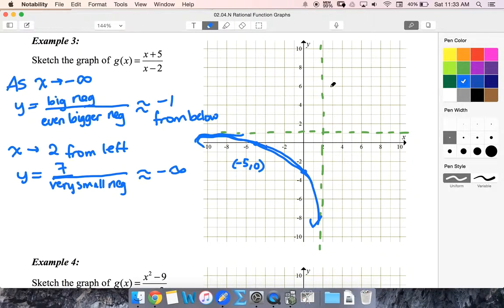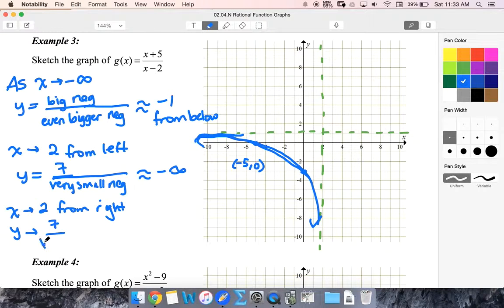So let's think about the same thing. I imagine I'm going to be up here. So I'm going to go x towards 2 from the right. In this case, I'm going to be getting closer towards 7 on the top, but on the bottom, I'm going to have a very small positive number because I'm going to be bigger than 2, but just by a little bit, like 2.1, 2.01.